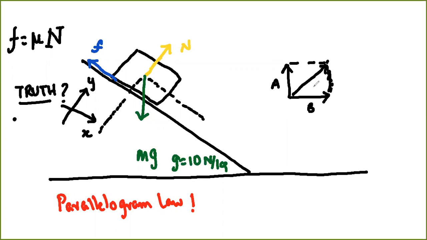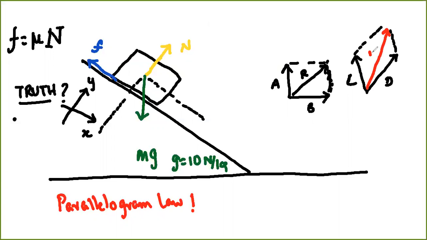Similarly, you can also add up vectors which are at an angle to each other. Let's say this is C and this is D. You do this by drawing a parallel here, drawing a parallel here, and then your resultant vector is going to be this.